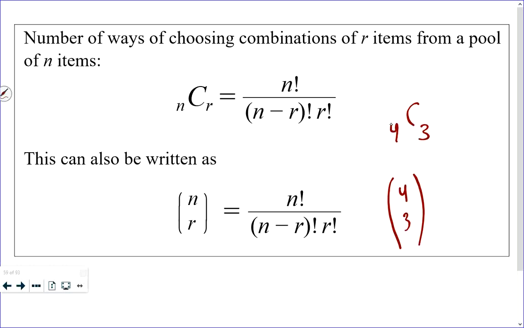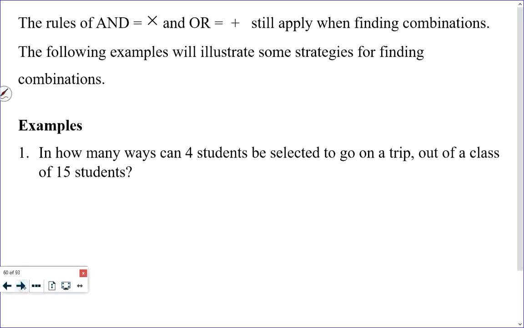Okay. All right. Now, the thing you need to try to remember about combinations is not to overcomplicate things. You can overthink these. How many ways can 4 students be selected to go on a trip out of a class of 15? 15 choose 4. You have 15 students, you've got to choose 4. That's the answer.